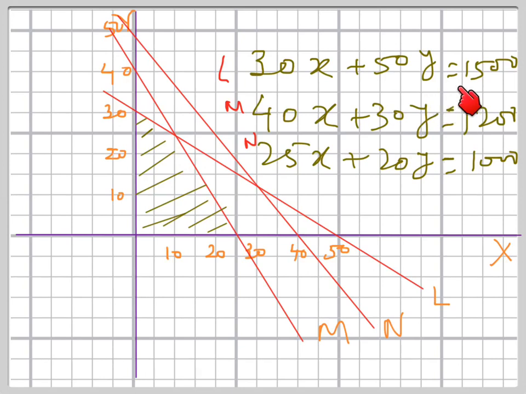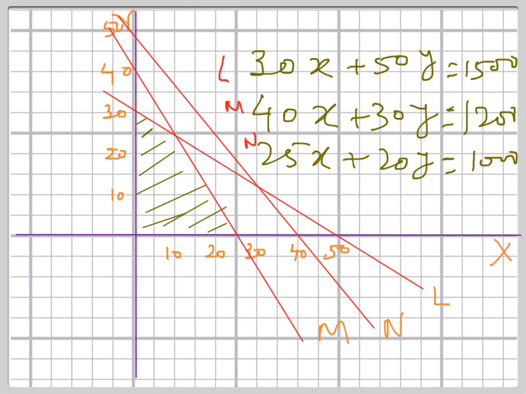But to get the feasible solution area, we will be drawing the straight line of 30x plus 50y equal to 1500, and see which side of that straight line gives us 30x plus 50y less than or equal to 1500. So to draw the line, we have already drawn the lines here in the graph, and as you could notice, this is the L line which is giving us 30x plus 50y equal to 1500.